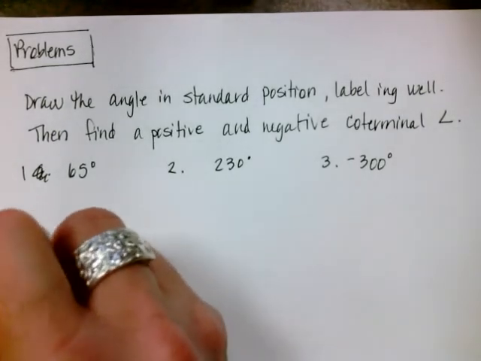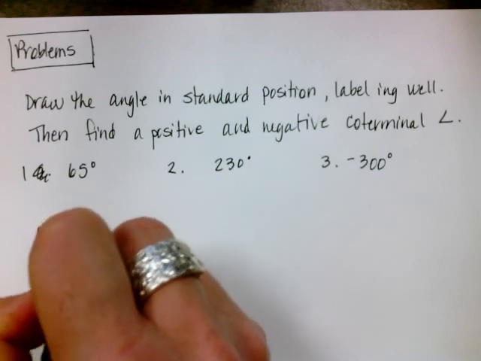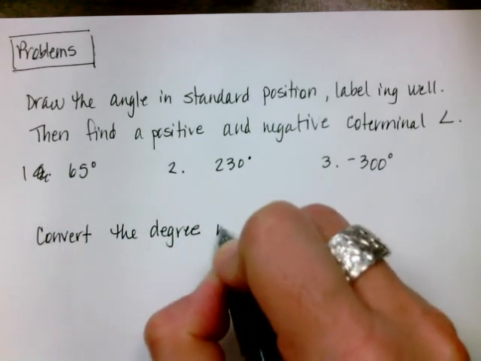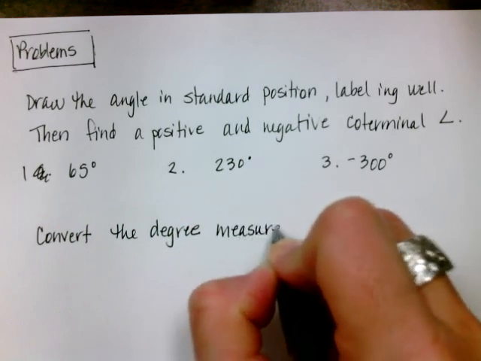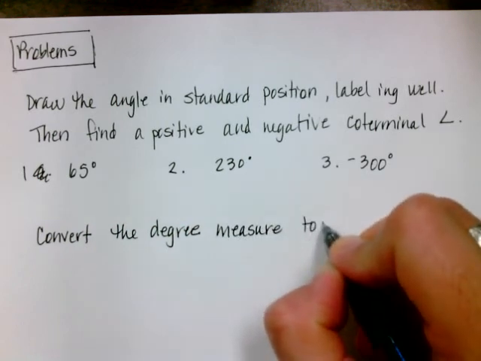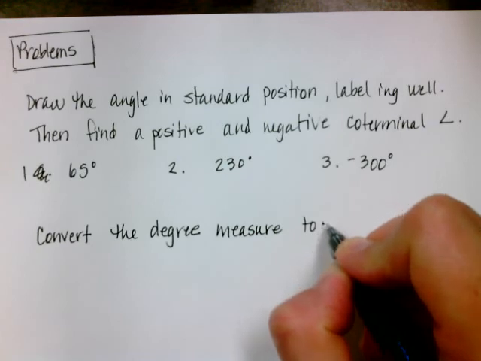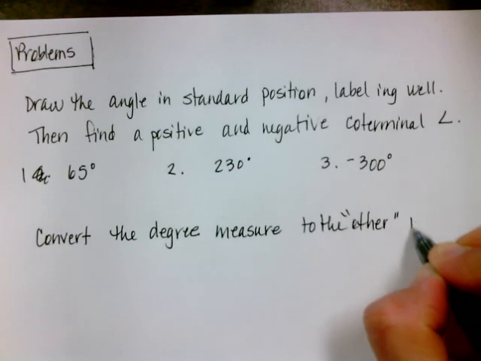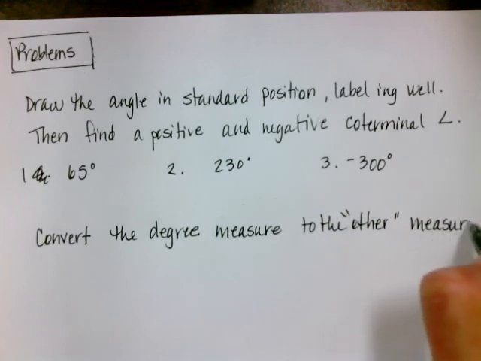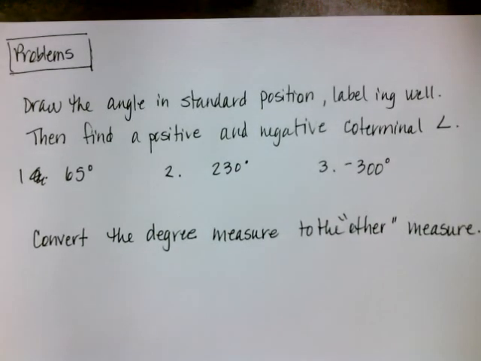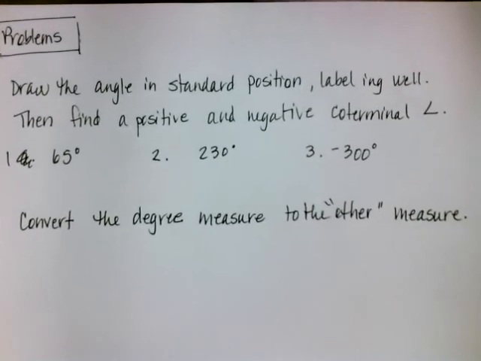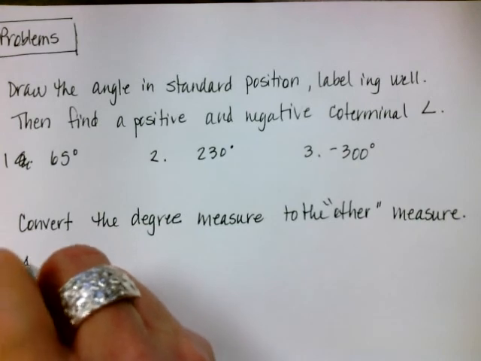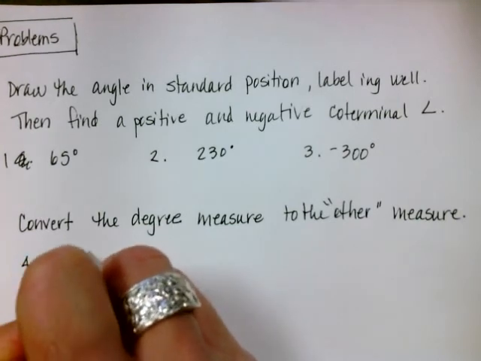Your second set of problems says convert the degree measure to the other measure. I know that's a little bit vague. So if you're given an angle in degrees, you're going to convert it to radians, and if you're given an angle in radians, you're going to convert it to degrees. All right, so number 4 is going to be 135 degrees.